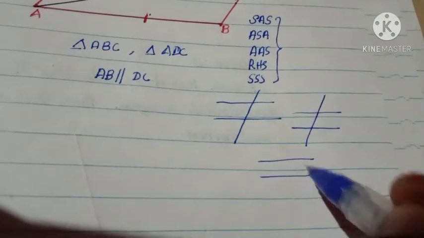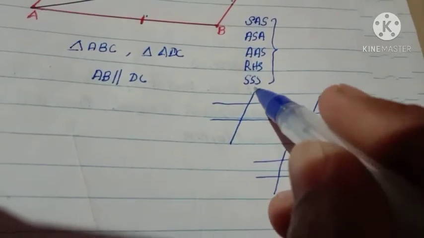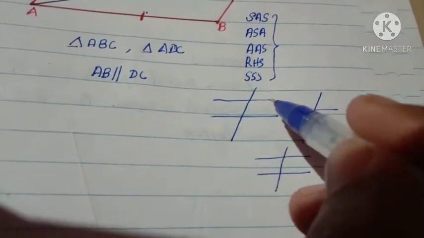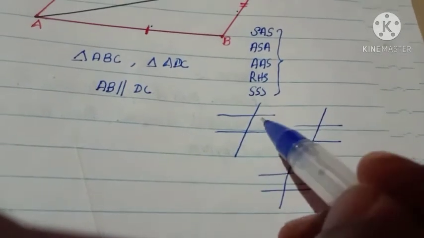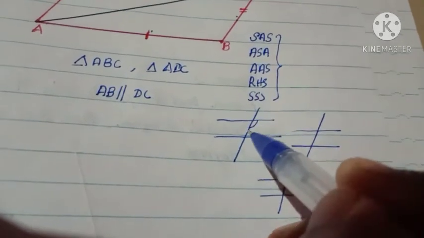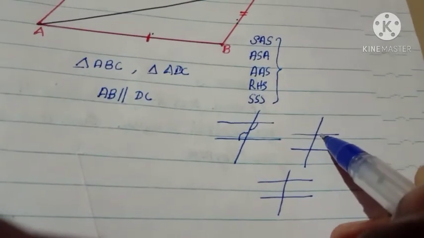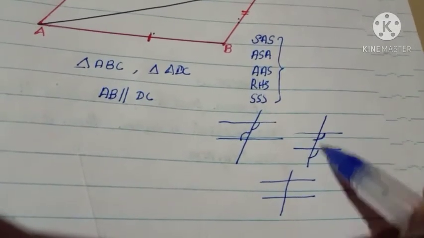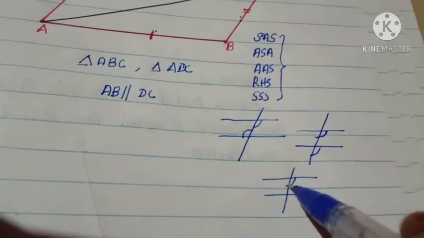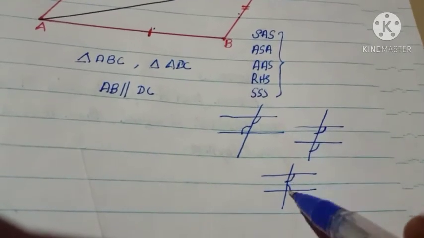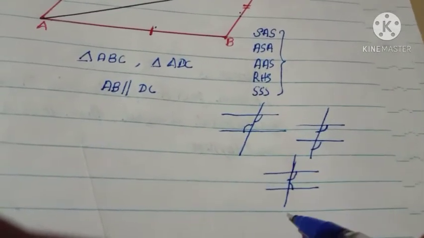See, these are alternate angles. These two are corresponding angles. These two are angles on the same side of the transversal.